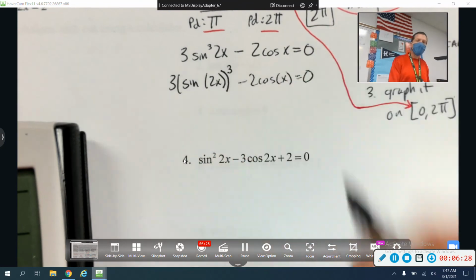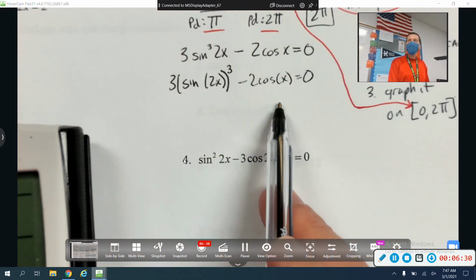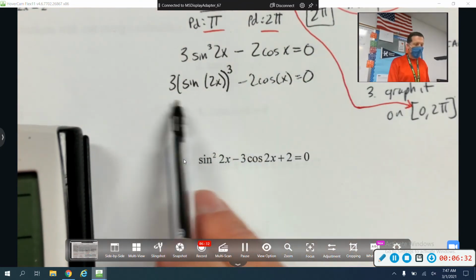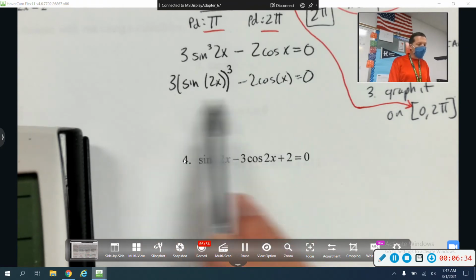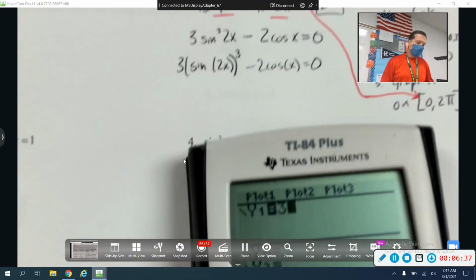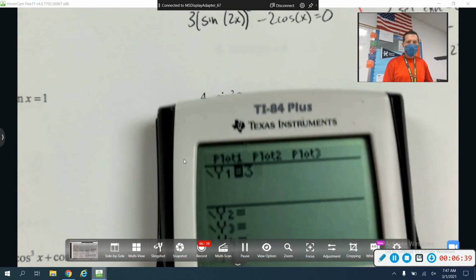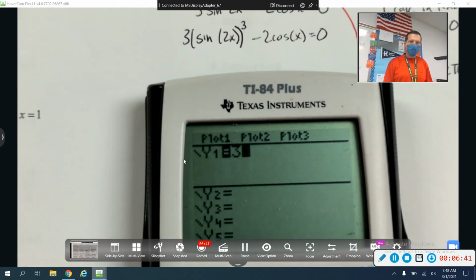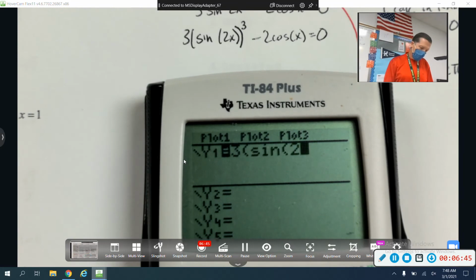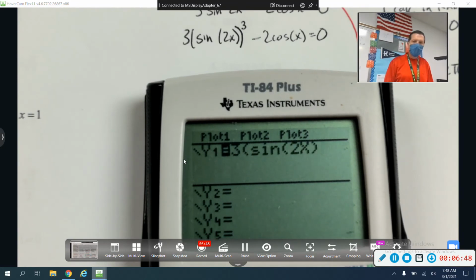Now, I don't expect you to write it out calculator style every time, or really any time, but I'm just trying to show you what it will look like in the calculator. So 3, open parentheses, because I know I'm going to have to cube that sine. Sine of 2x.